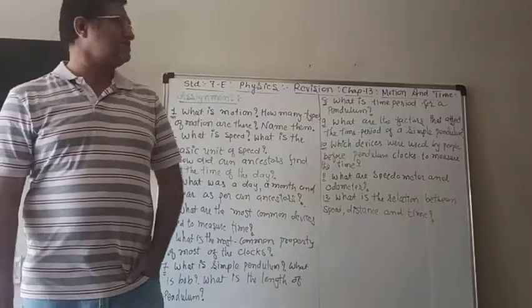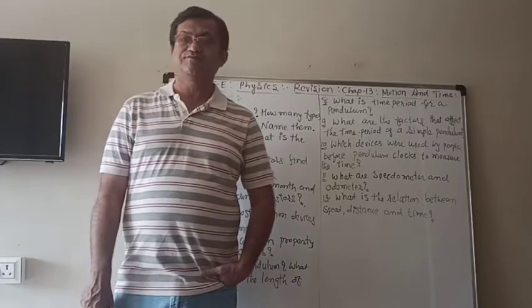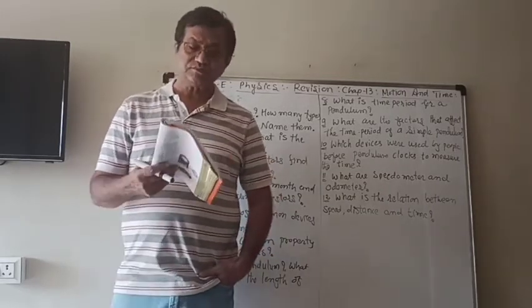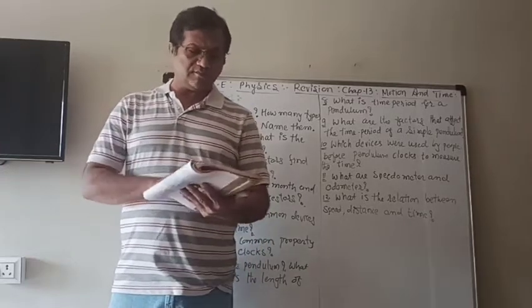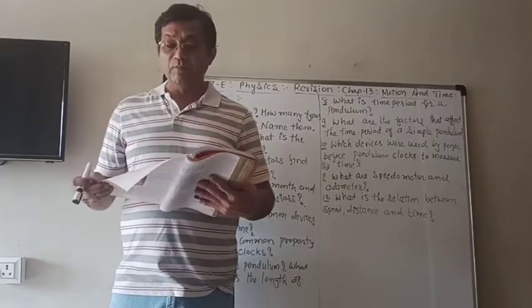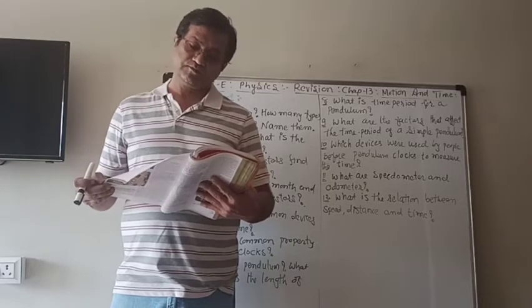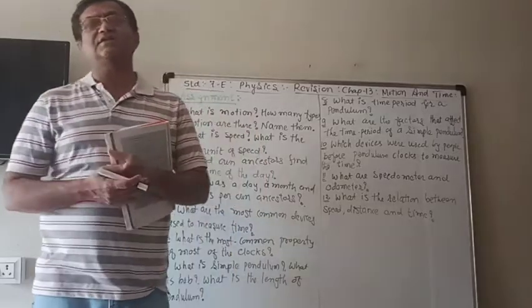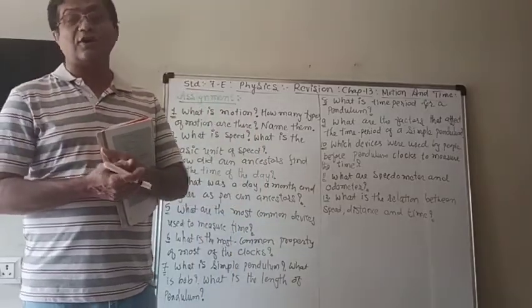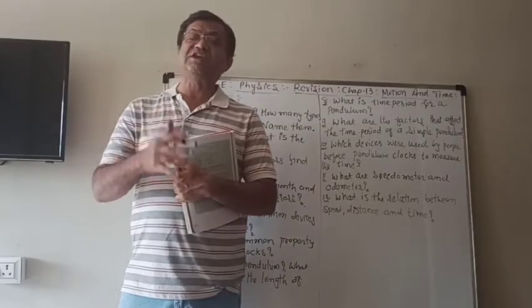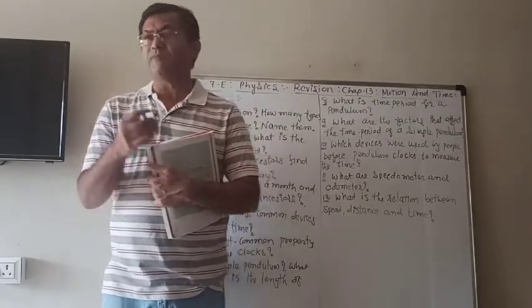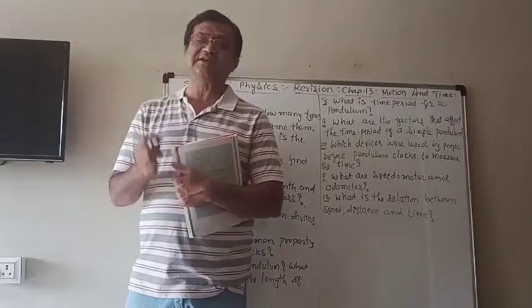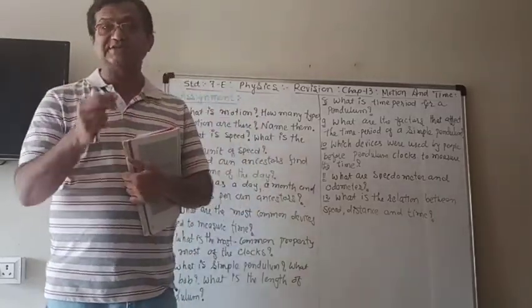So we start with the physics chapter number 13, motion and time. Now we know the word motion, and when we say that an object is changing its place or position with respect to time, then we can say that that object is in motion.